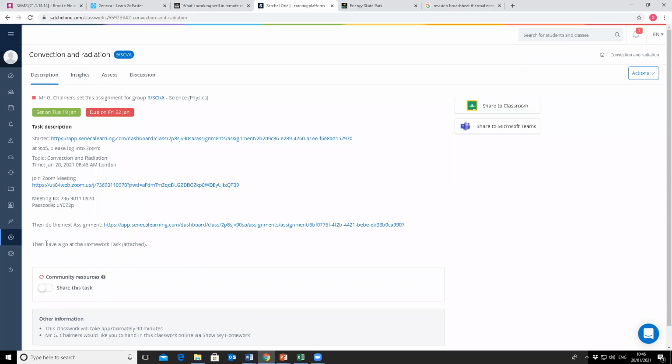We'll maybe skip that one, and we'll do that when we come to look at energy conservation. But what I'd like you to do is this last Seneca activity. It's quite a high level one, but it's all about conduction, convection, and radiation. And then next lesson, we'll put all those together.